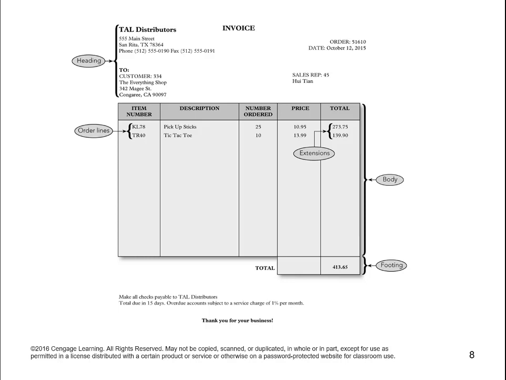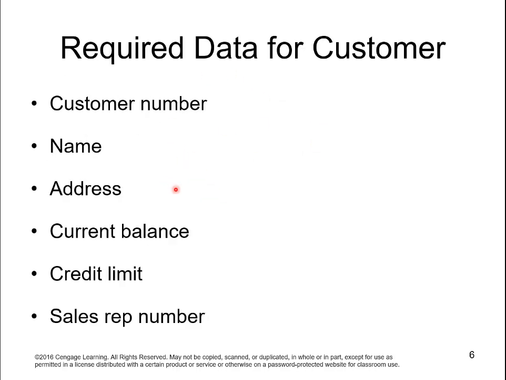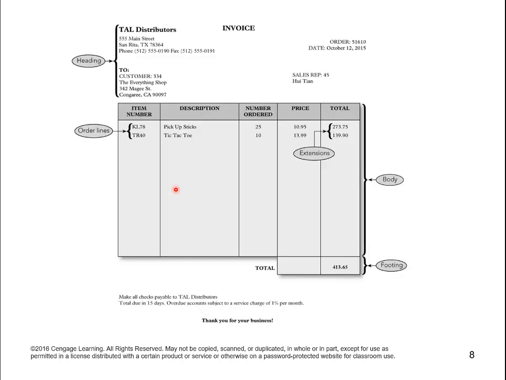You're going to see these headings up here, but the real meat of the data is the customer. This customer is going to be in a table, and then what they've ordered, these item numbers and their descriptions, all this data needs to be in the database. It's all made up of the requirements we just went through. So make sure you're looking at the book to get a better understanding of what the TAL distributors looks like.